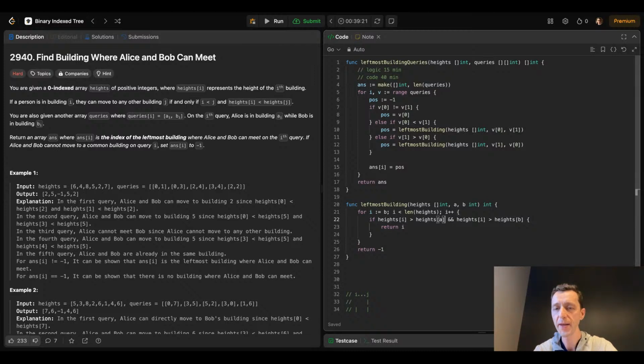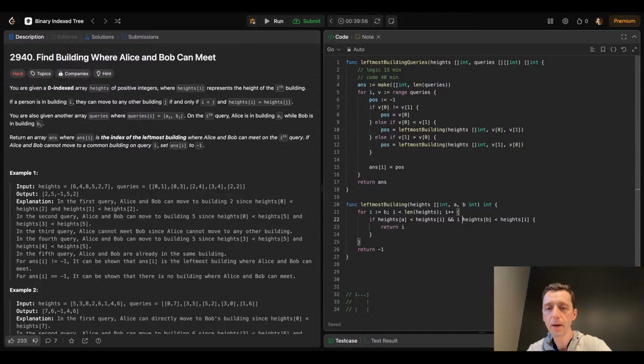So if A could move there, yeah, if A could move there, if B could move there, that's already enough.